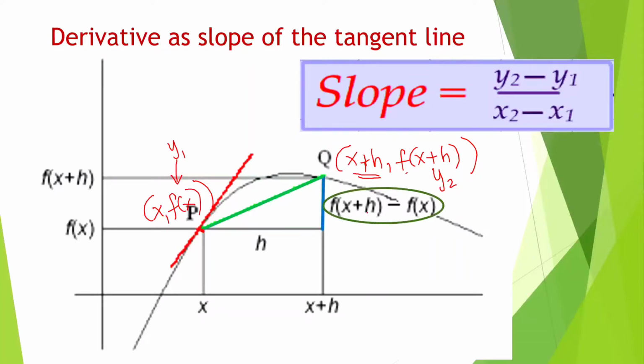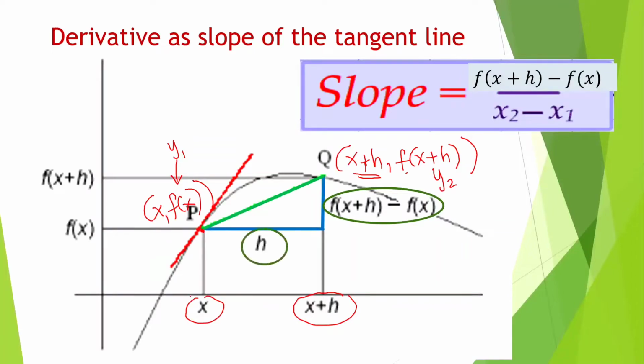That will be f of x plus h minus f of x, which we put in the numerator. The denominator is the difference of the two x's, so x plus h minus x. If we subtract them, we get this distance, which is just equal to h.